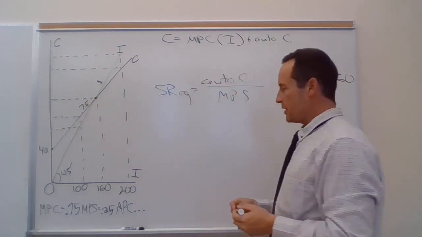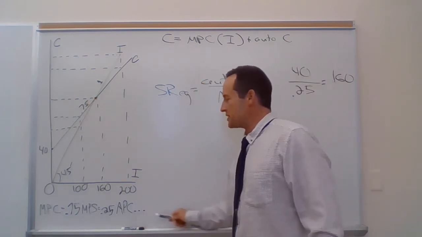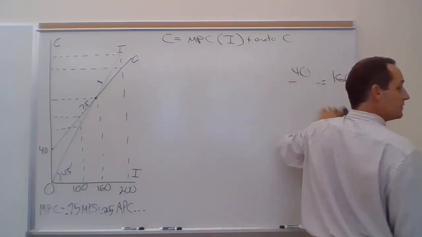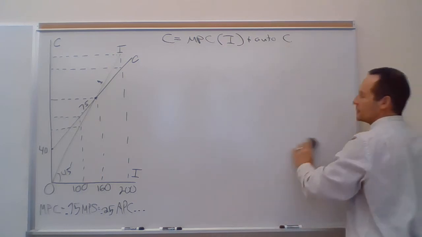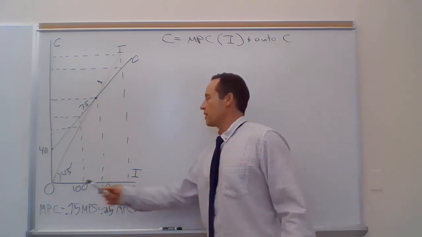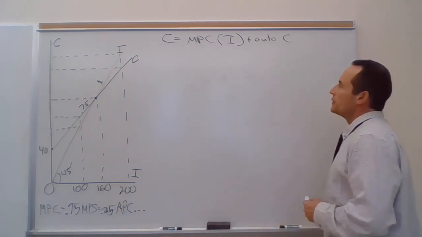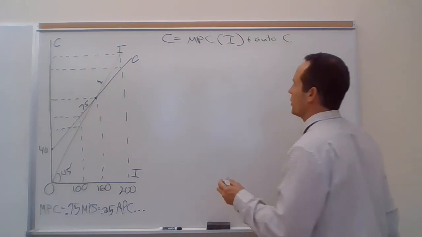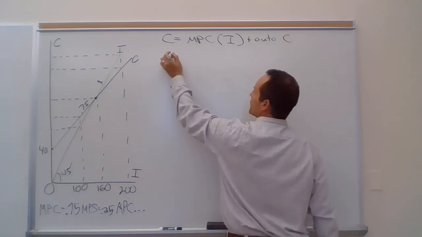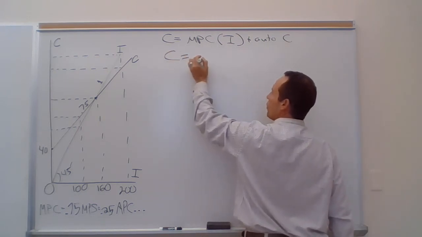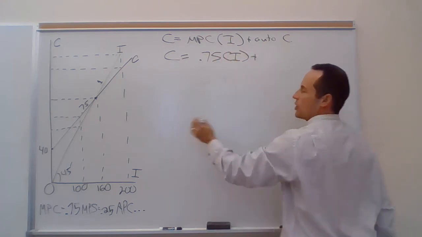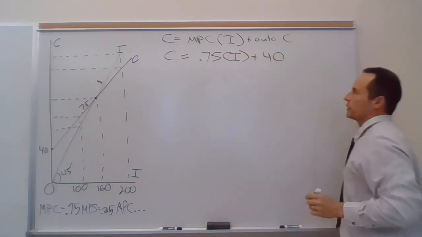Let me not forget to mention APCs and APSs. I will do that. All right, now let's take this first level of income. This first level of income is 100. Looking at this here, we know consumption equals 0.75 of income plus autonomous consumption, which we know to be 40.